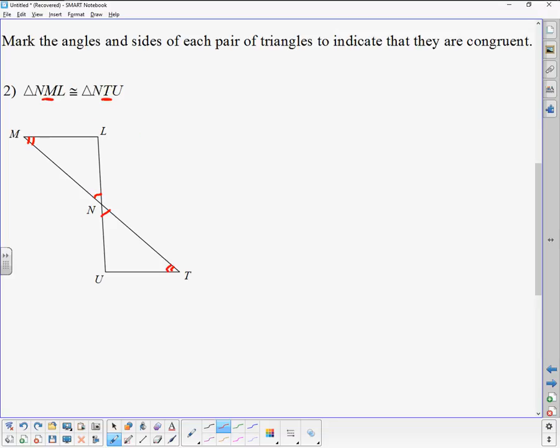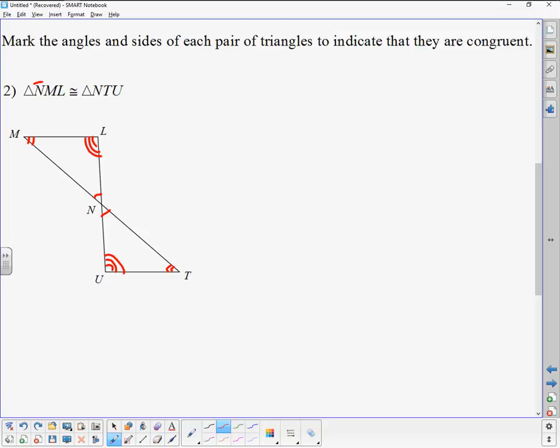1, 2. Okay. Now the third letter is angle L and angle U. So on angle L I'm going to put three tick marks, 1, 2, 3. On angle U I'm going to put three tick marks, 1, 2, 3. Now I have to do the sides. The way you do it is you do the following.